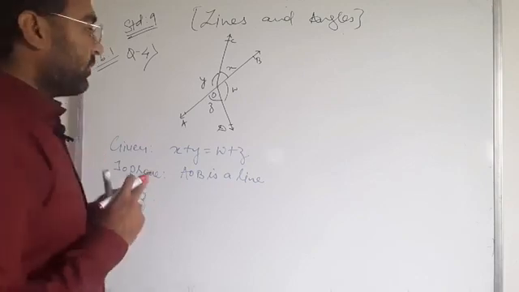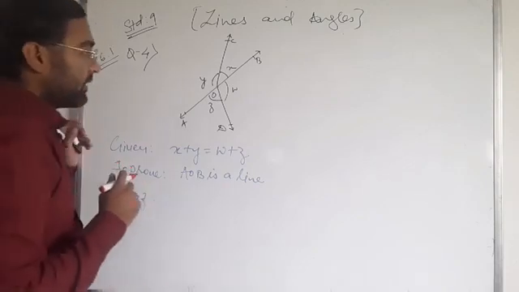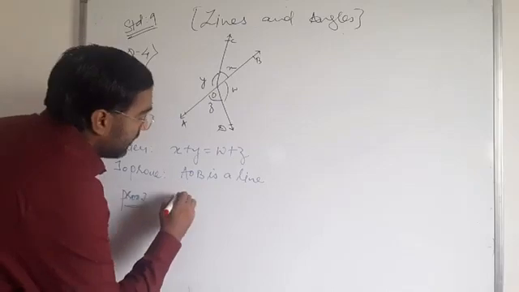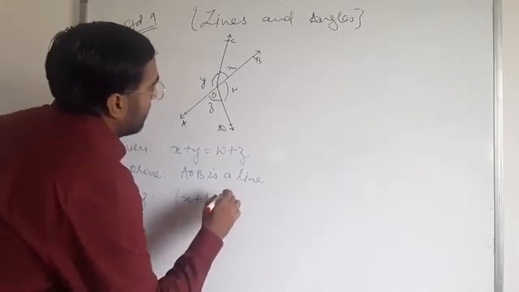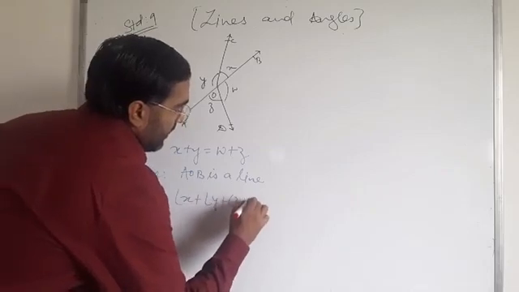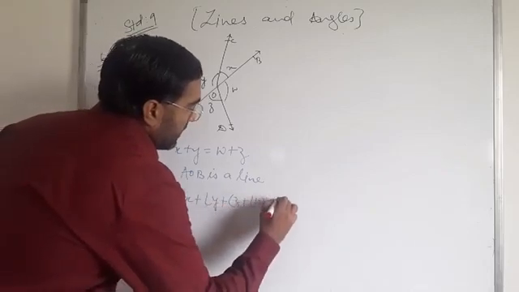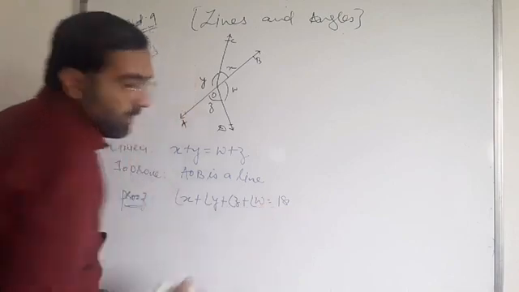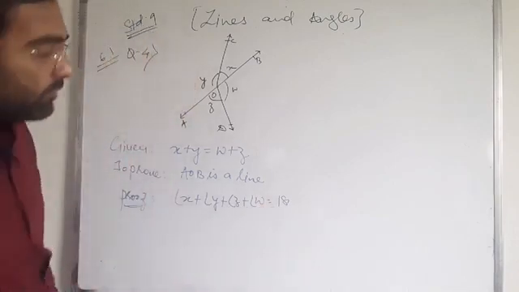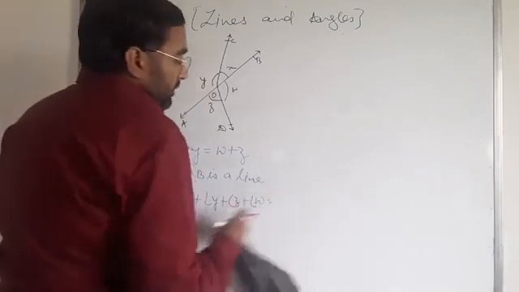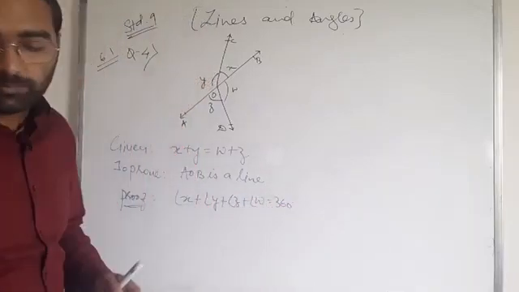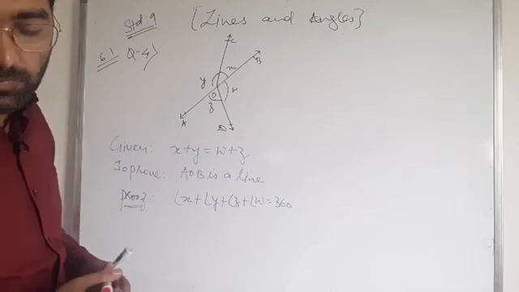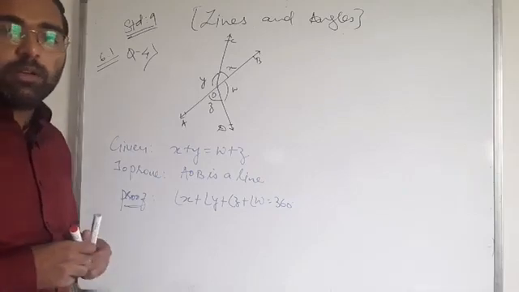We know that angle x plus angle y plus angle z plus angle w is equal to 360 degrees.